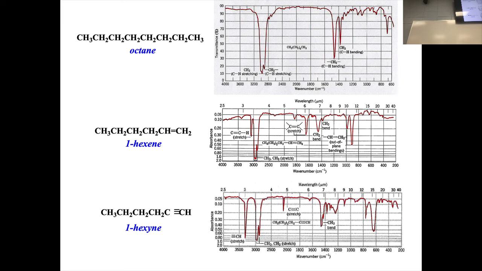But notice this one. That's the CH stretch for the hydrogen that's attached to the carbon-carbon triple bond. Would you call that strong, weak, or medium? Strong. That's strong. Why is that one so strong? That one was moderate. This is really strong.